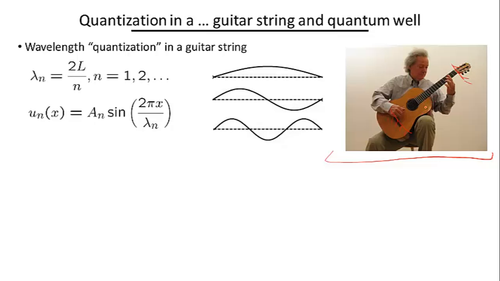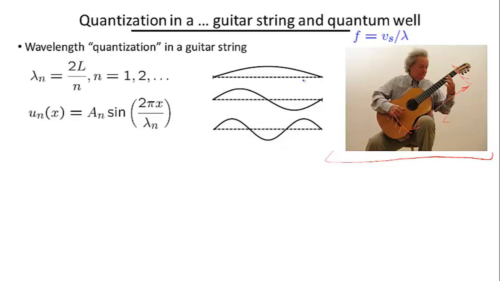And the available wavelengths depend on the distance between these hard walls, let's call it L, and the corresponding frequencies are related to the available wavelengths via the speed of sound.